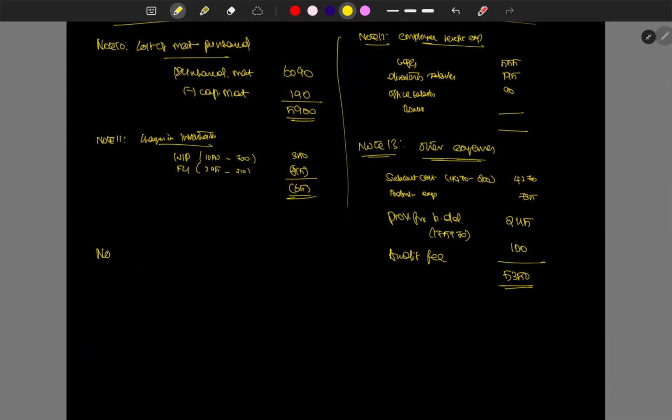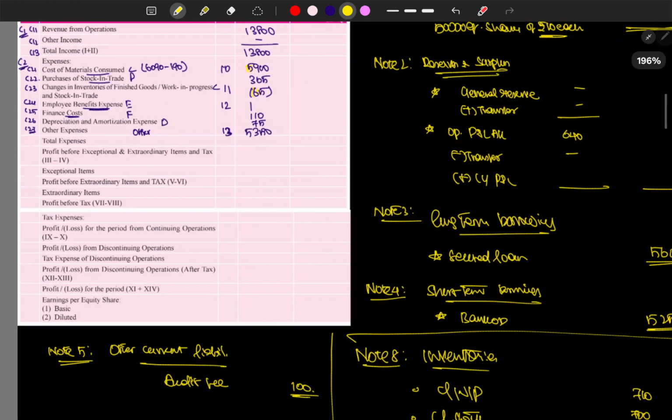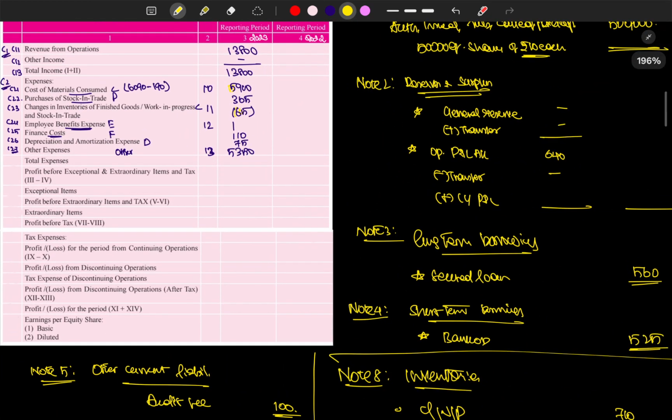Note 14. 14 is bonus. We have to add the bonus also here. Okay, which is 14.